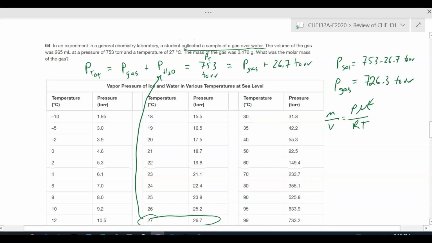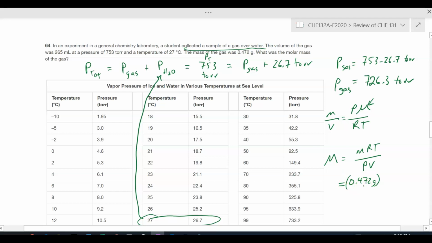So let's rearrange that. Molar mass is going to be equal to mRT over PV. So what do we have here? We know that the mass is 0.472 grams.